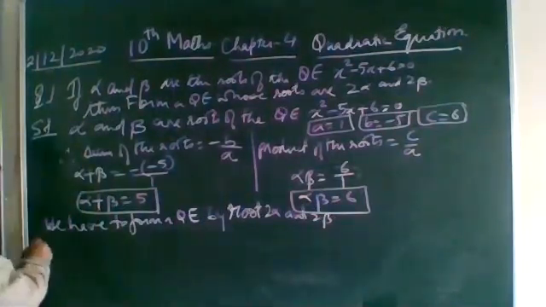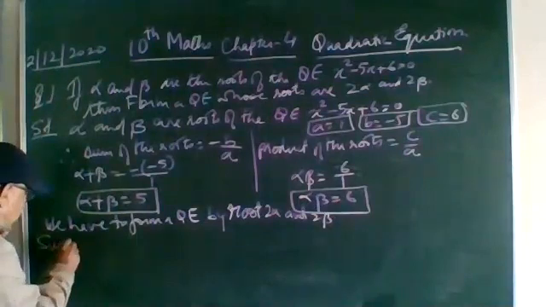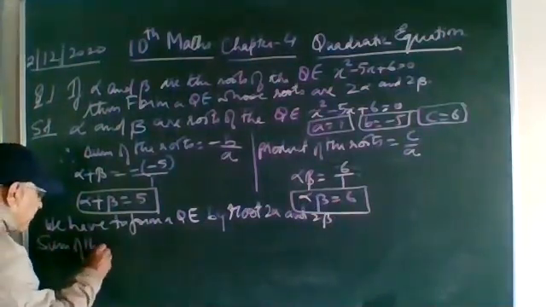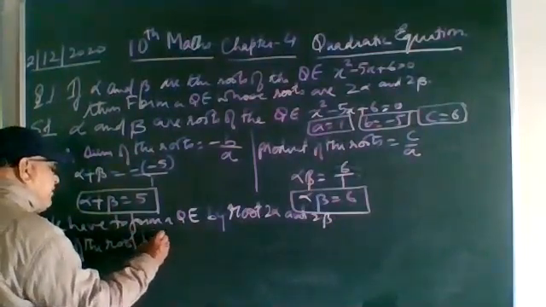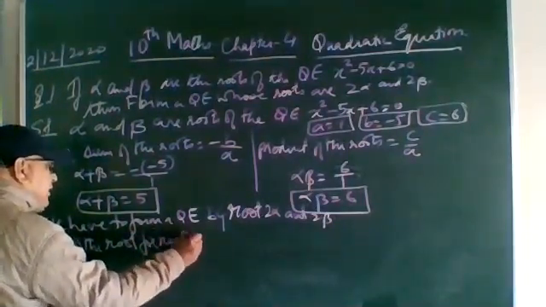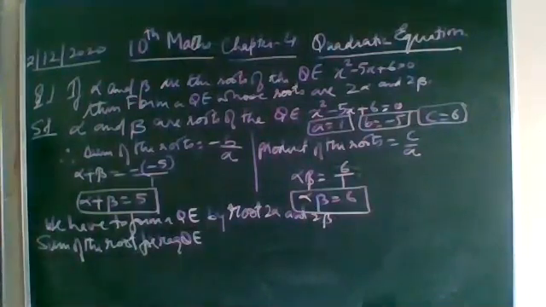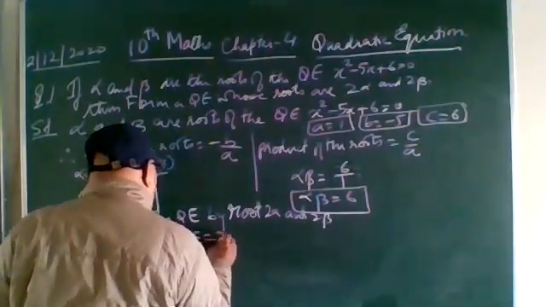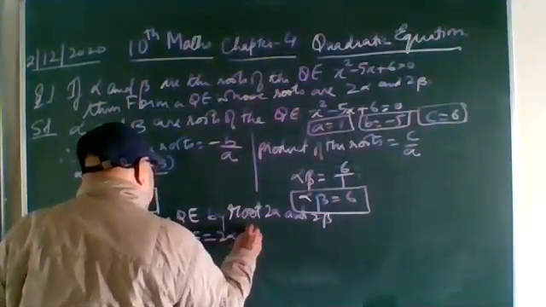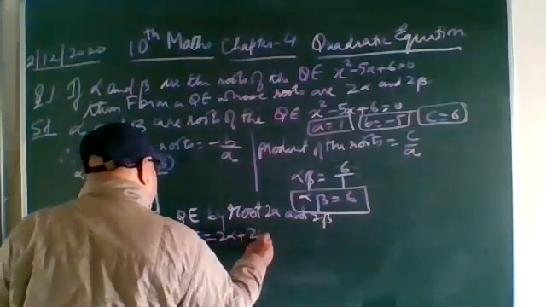Sum of the roots for the required quadratic equation is 2 alpha plus 2 beta.